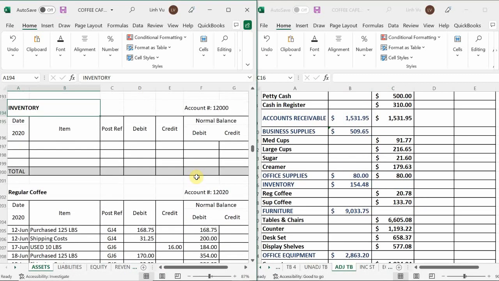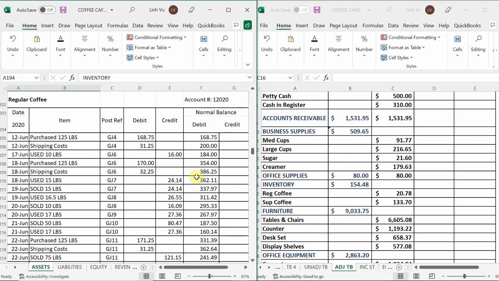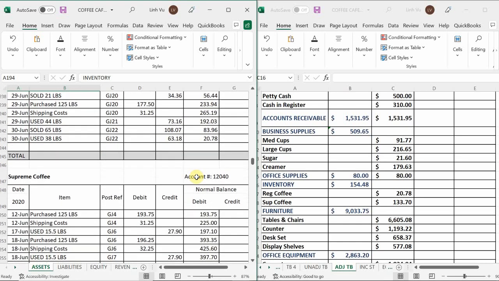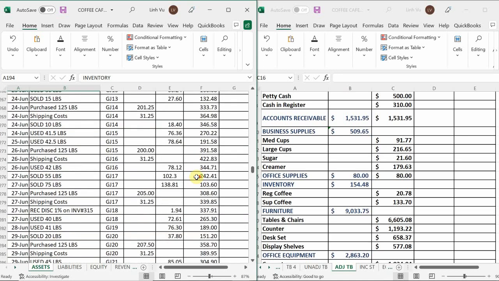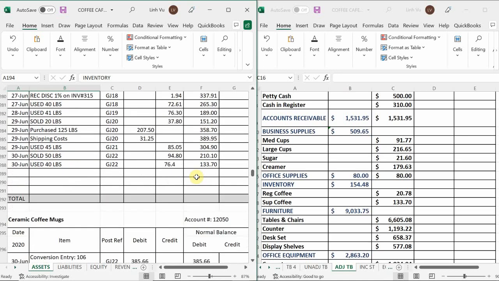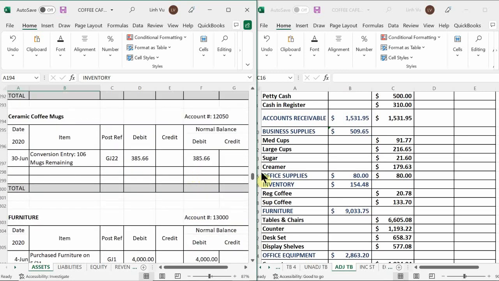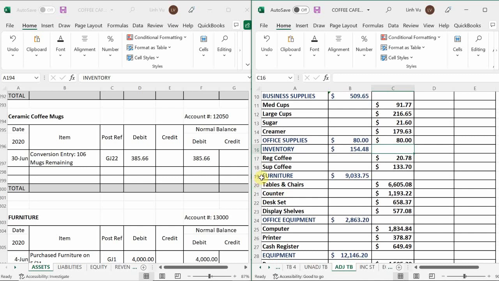Let's see, inventory. I still have my regular coffee at $20.78. And I still have my Supreme coffee at $133.70. However, I just did my periodic inventory conversion. So now I actually have to insert and include into inventory my ceramic coffee mugs.